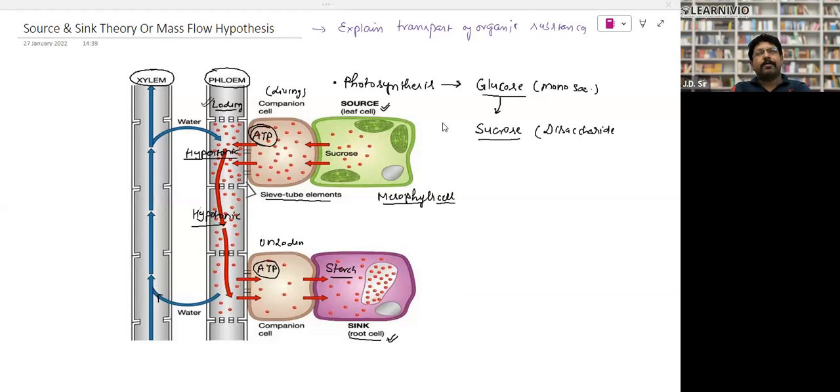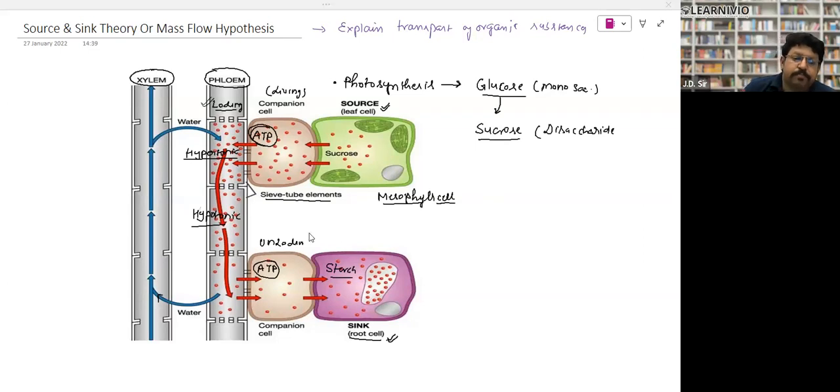This is an active process as ATP is spent.